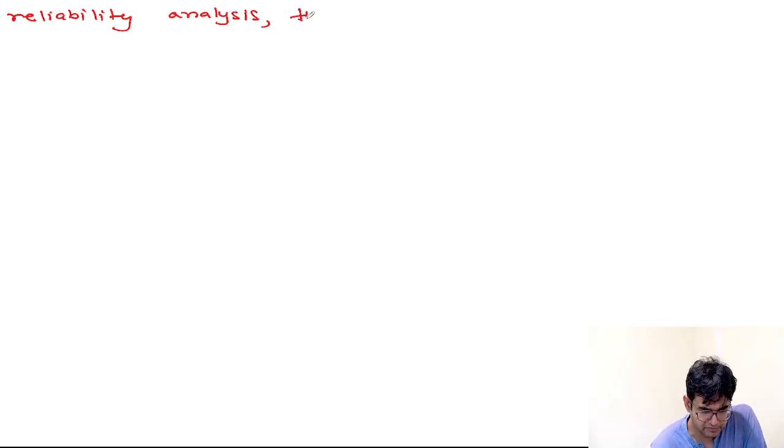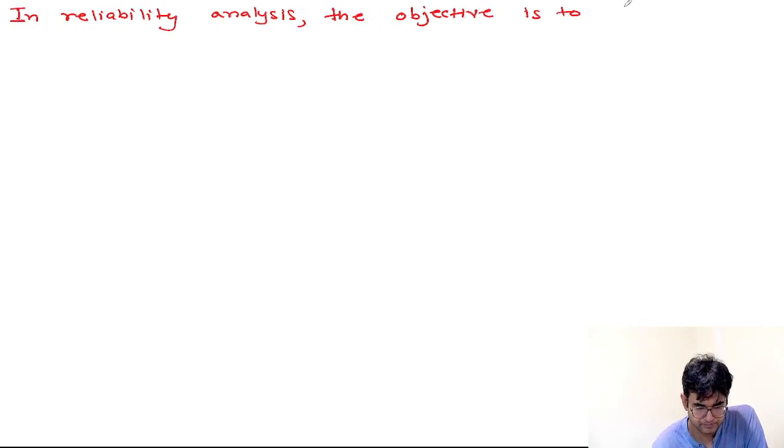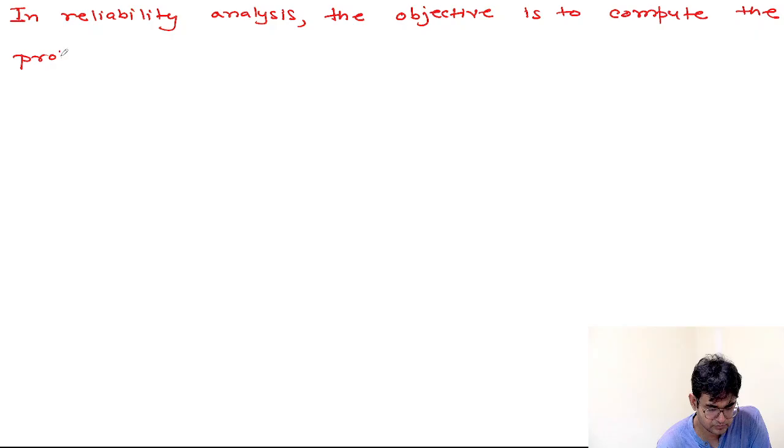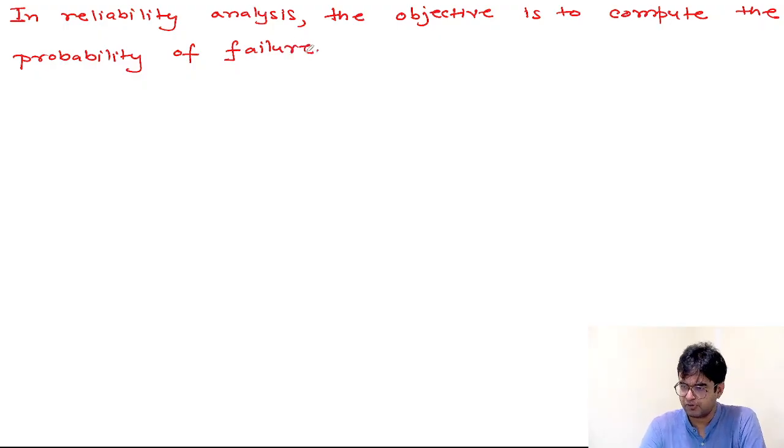The objective is to compute the probability of failure, right? But to compute probability of failure, we have defined certain things.